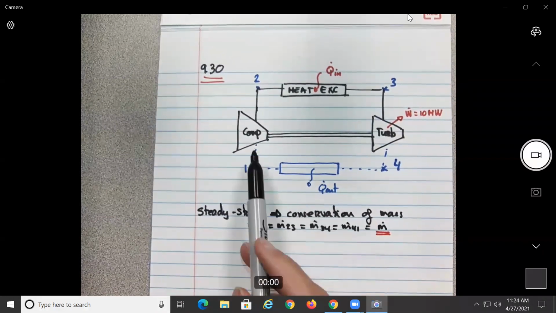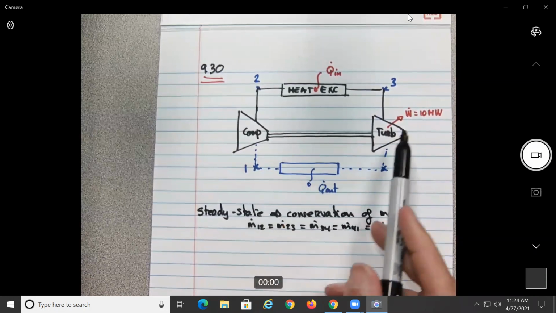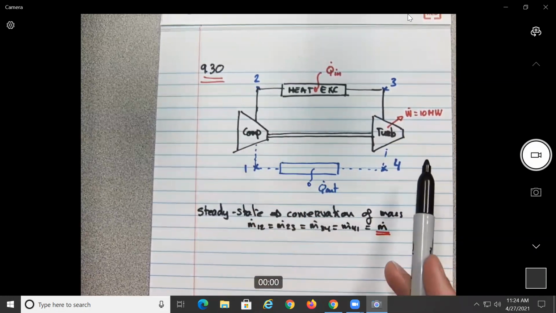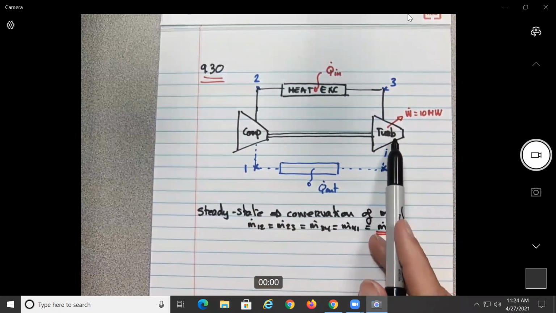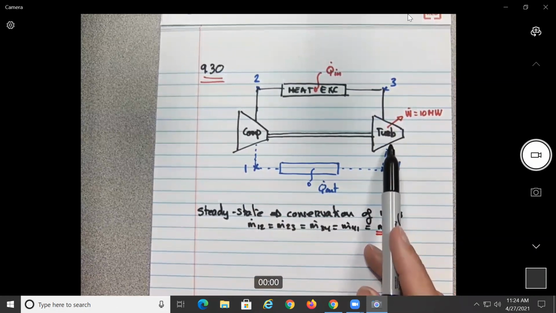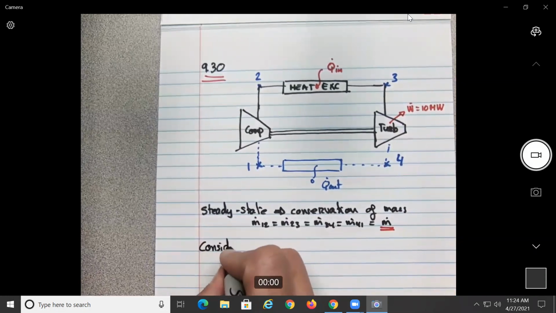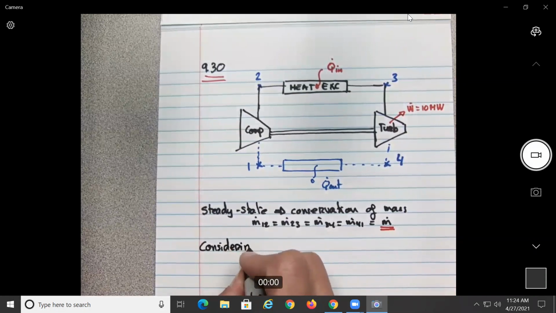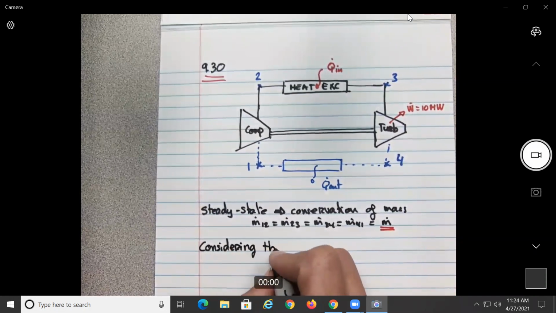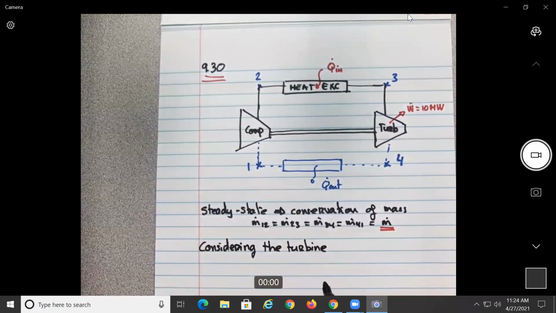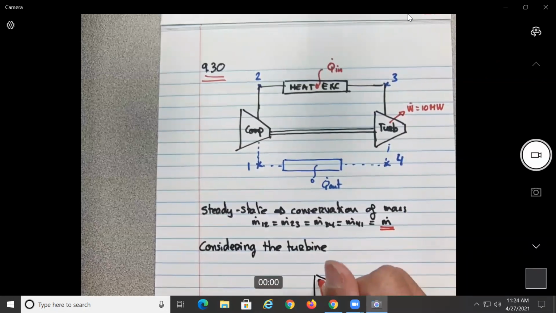So the compressor is going to require power, but we don't know how much. What is the component where it looks like we know what's happening? It's the turbine. So let's consider the turbine as our control volume.